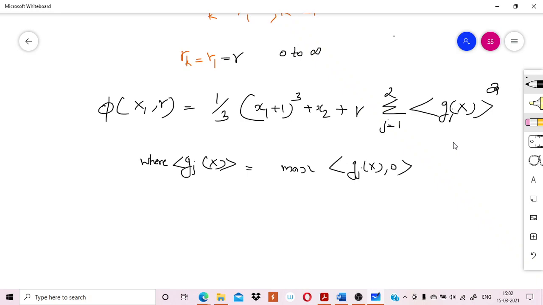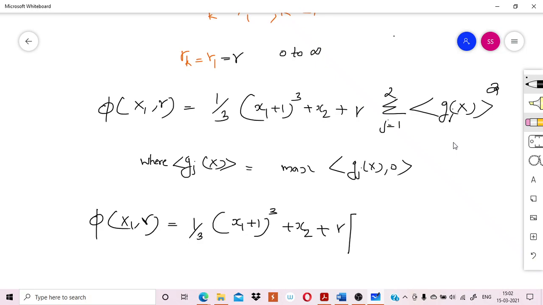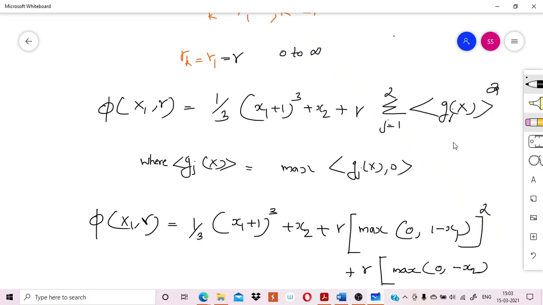So if you substitute this in the phi equation, I have phi of x1 comma r equal to 1 by 3 (x1 plus 1) whole cube plus x2 plus r into max of 0 comma the first constraint 1 minus x1, so g1 is 1 minus x1, whole square, that is q, plus r into again max of 0 comma minus x2, whole square.